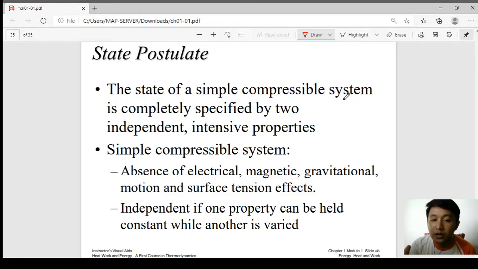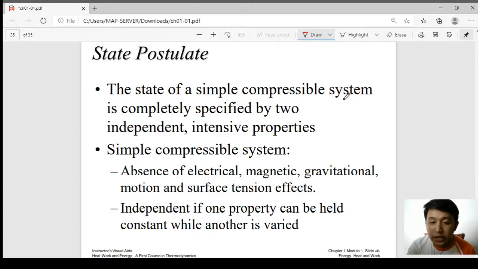So in the state postulate, we can use only two intensive properties to compute the value of pressure, enthalpy, entropy, and internal energy, using only two, which are specific volume and temperature. That is the state postulate.